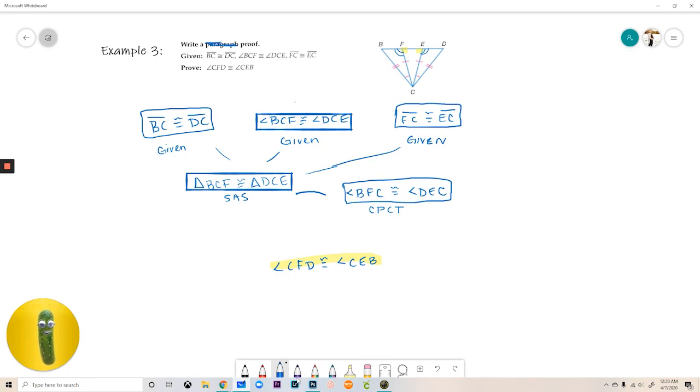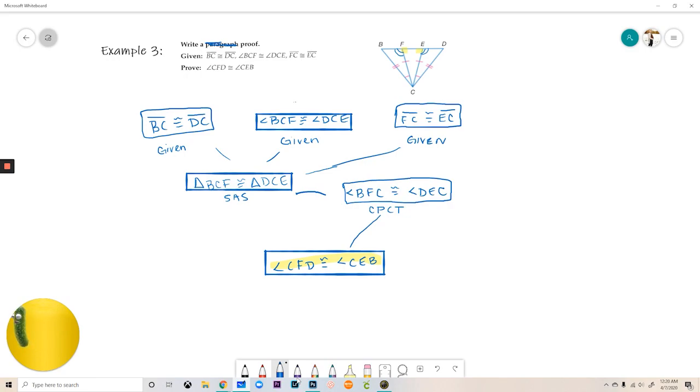From here, and watch this, because here's a magic trick, I can jump to here. I can say, well, because I know BFC is congruent to DEC, I know that these two are congruent. And if you want to pause and think about how the heck did she get that, this is in Unit 6 still.